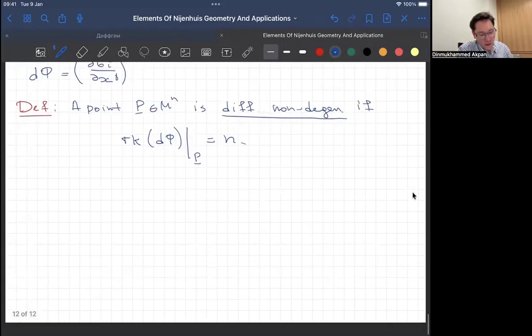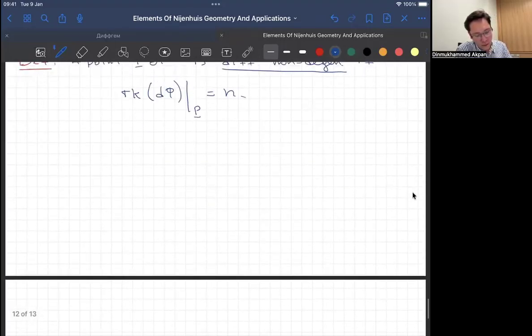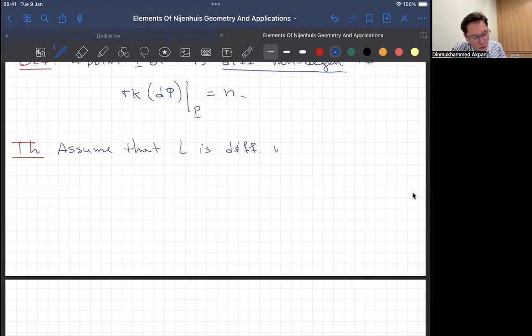So, the last theorem for today. Assume that L is a differentially non-degenerate Nijenhuis operator at some point P, in some neighborhood of the point.